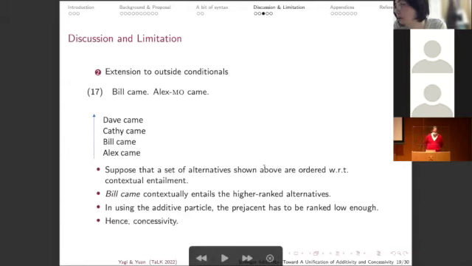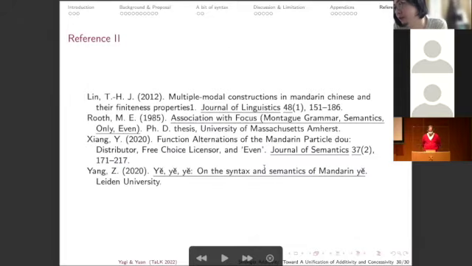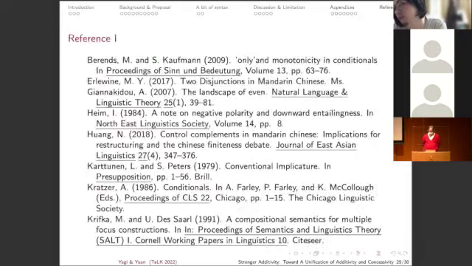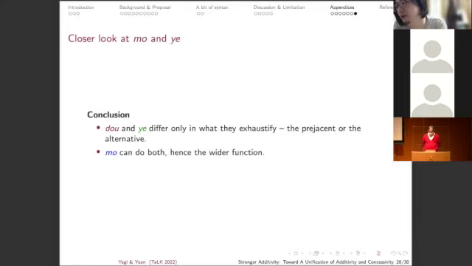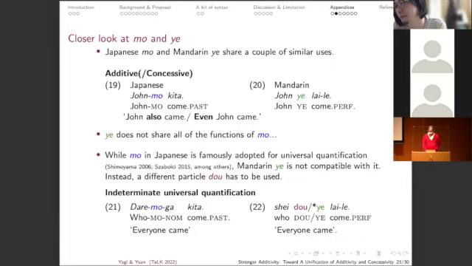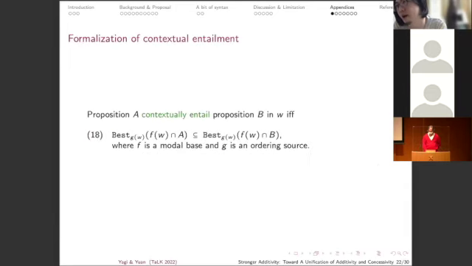Yeah, and this reminds me of von Fintel's 2000 analysis of whatever, in which you have an assertion, and in addition to the assertion, you get some additional two-dimensional conditional implication.